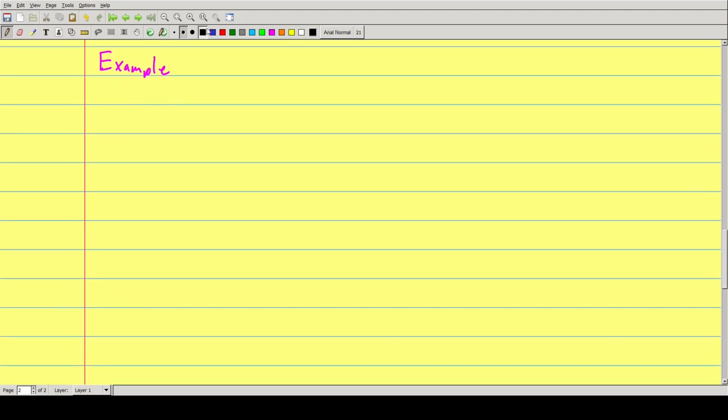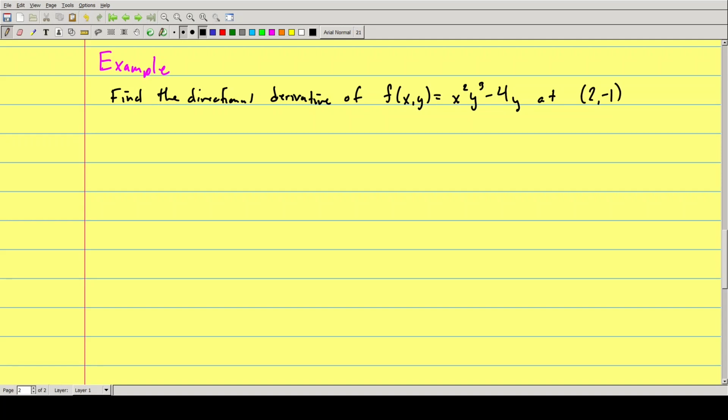All right. So what we want to do here is find the directional derivative of the function f of x y is equal to x squared y cubed minus 4y at the point (2, -1).